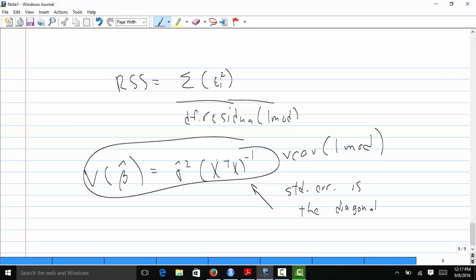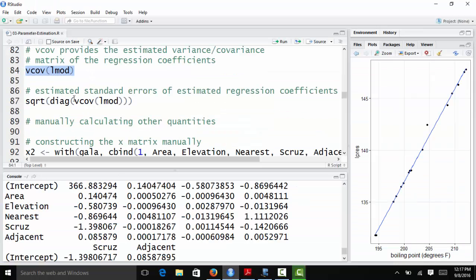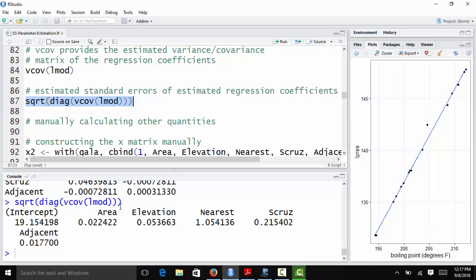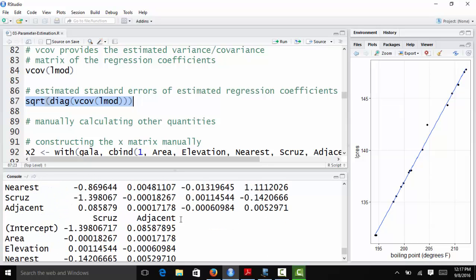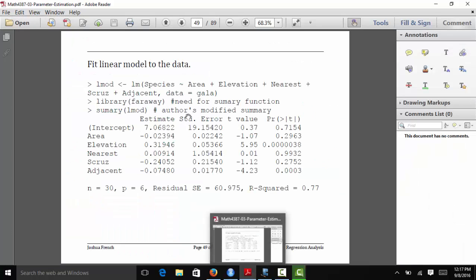So you can see in my code down here, I'm going to take the covariance matrix, extract the diagonal elements, and then take the square root of them all. And once again, the standard errors that we produce match what we saw in the second column of this table here. So we've computed the standard error.